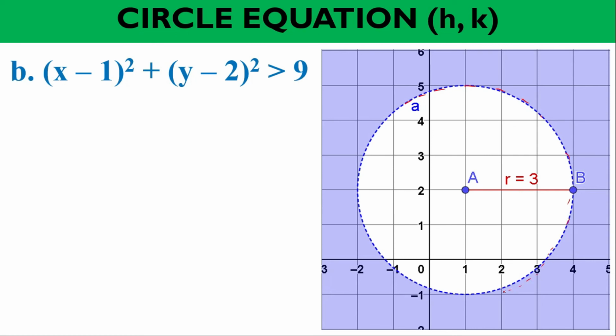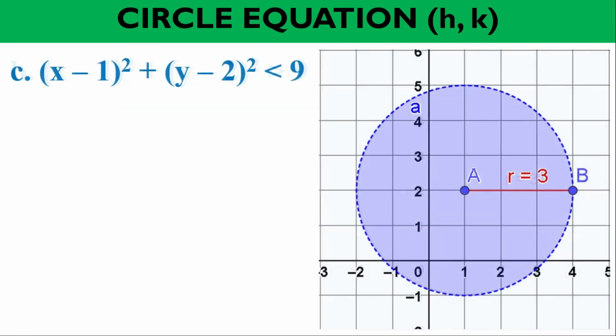A broken line means that the circle that passes through these points is not included in the inequalities. If it is less than, it refers to the points inside the circle. That's why we have the shade inside the circle for this one.